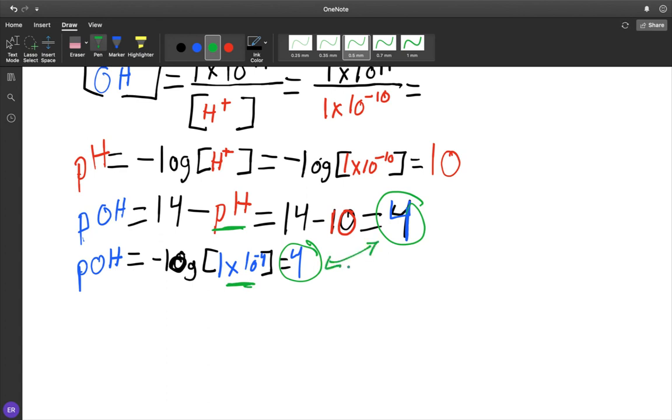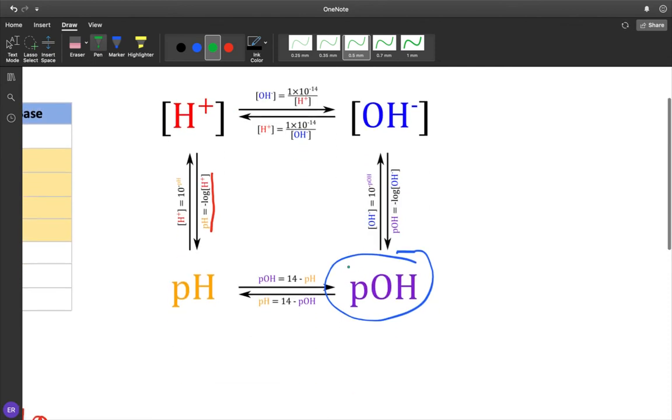Okay, so use this diagram to help you figure out what formulas you're going to be using. So if I have the concentration of OH, how do I find the concentration of H plus? If I have the concentration of H plus, how do I find the pH?